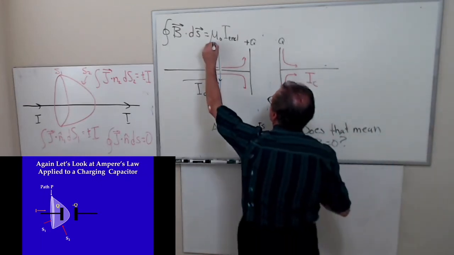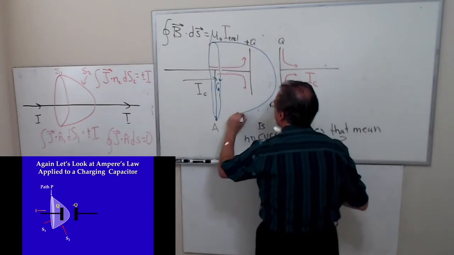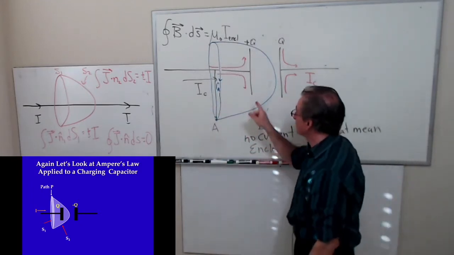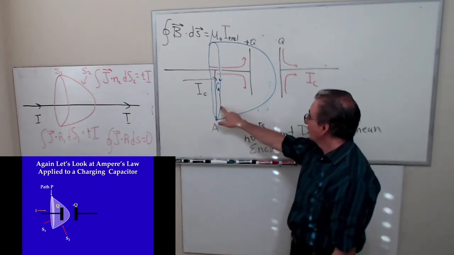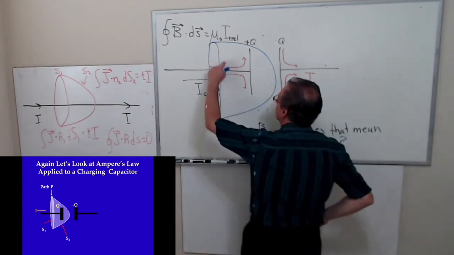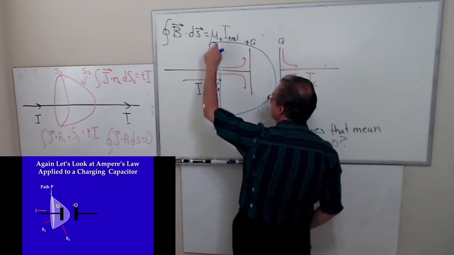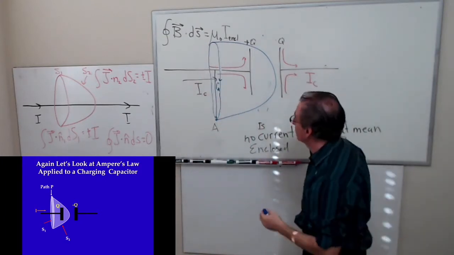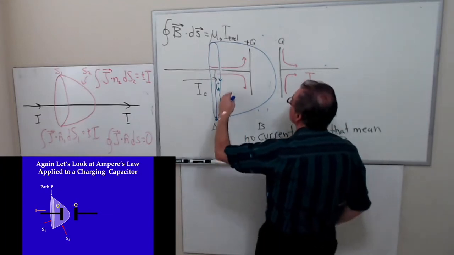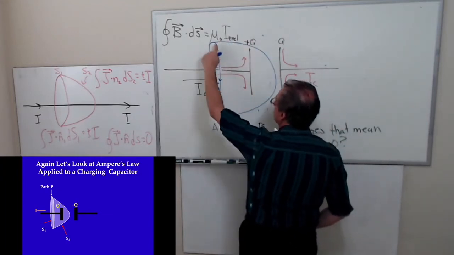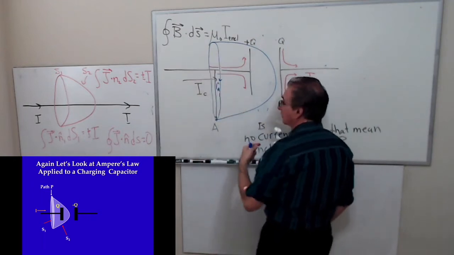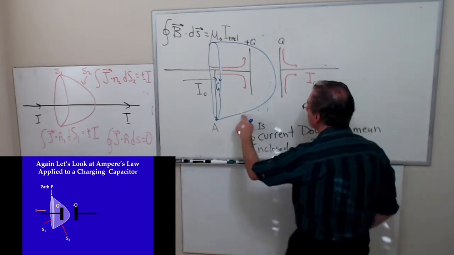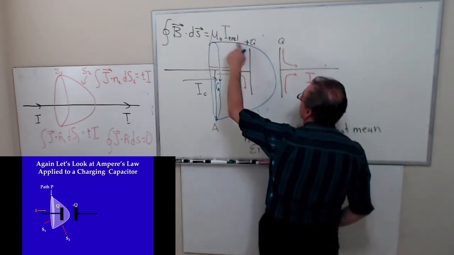If I use those two surfaces, Ampere's law, using the surface enclosed by this loop, gives me the correct expression for the magnetic field. But if I use this other surface that's enclosed by the loop, Ampere's law does not give me the right expression because there is no current penetrating this outer surface.